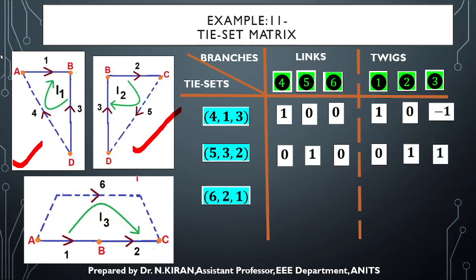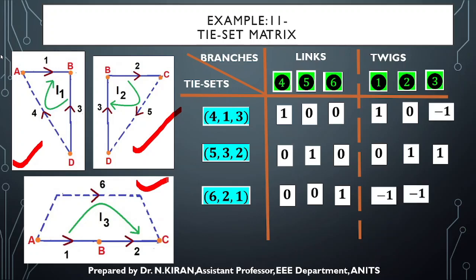Now the last, third tie set: 4 is nowhere related, 5 is also nowhere related, so 0, 6 is in the same direction, plus 1, 1 and 2 both are opposite in direction, so it is minus 1, and 3 is nowhere related, 0.